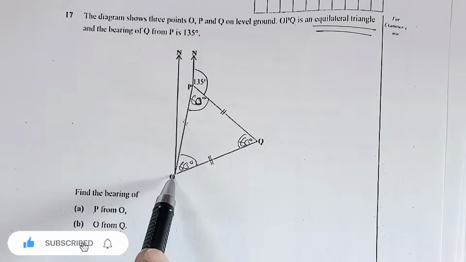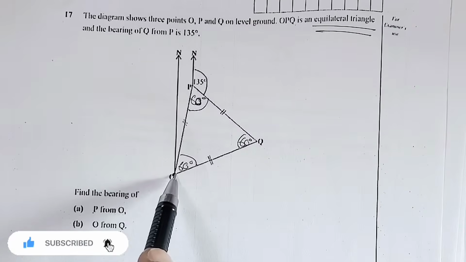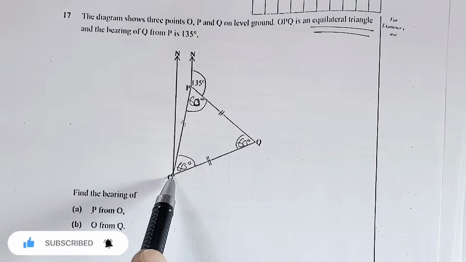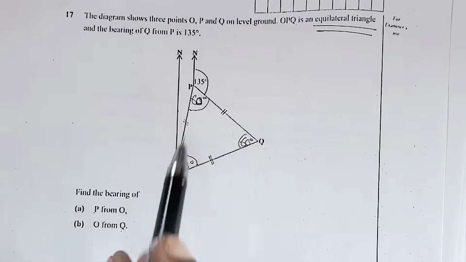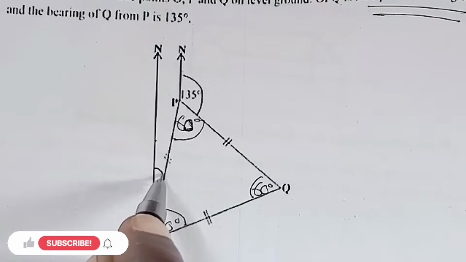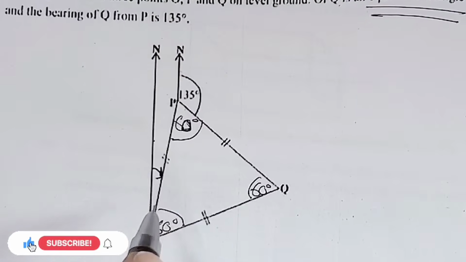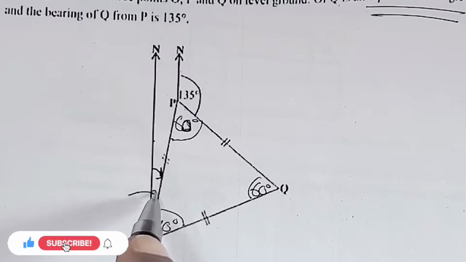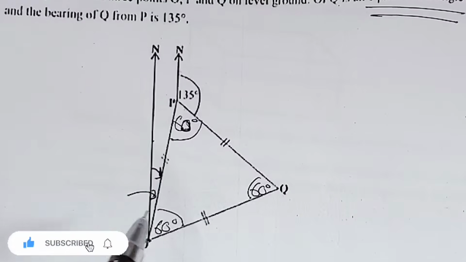From O, this is where we are going to draw our north, but the north is already here. So we're going to move clockwise up to this point. So they want the value of this smaller angle. How can you know the value of this small angle? Don't worry.